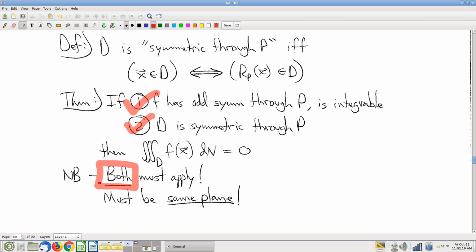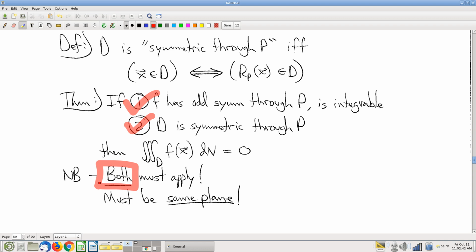I love symmetry," and you just want to say A equals 0 by symmetry. But if you didn't check that your function has odd symmetry, that argument alone doesn't make any sense. It just doesn't. And usually you'll not only have a bad argument, you will also often get a wrong answer. But that's, again, not the point. The point is the argument is invalid. So make sure to check that both conditions apply.